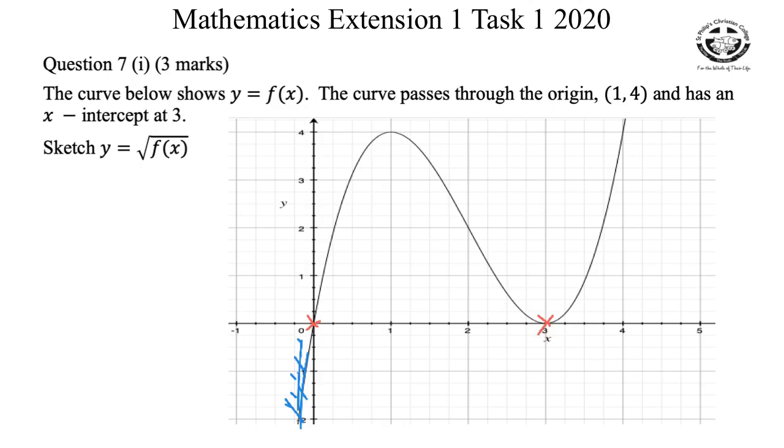And the other thing, if I look at this point 1, 4, it's mentioned in the question, which says to me it's important. I should acknowledge it in my solution. Well, what happens here? At x equals 1, I take the square root of 4, which is 2. Got another point here.